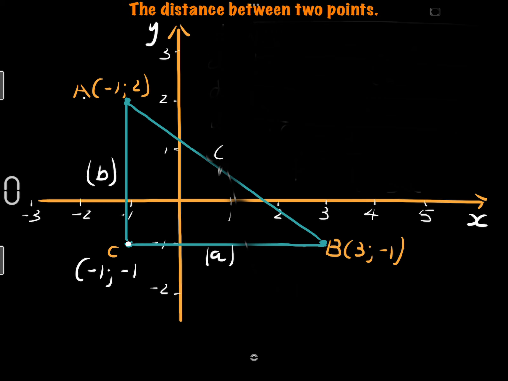CF, this side here, say that it's 5 units. Now we need to find either side A or B, the lengths of A or B. Now to do that, we can also use the distance formula to be able to find that, and after that you can simply use the Pythagoras theorem to find the last remaining side.